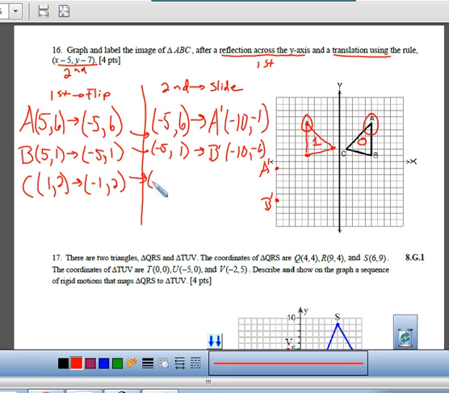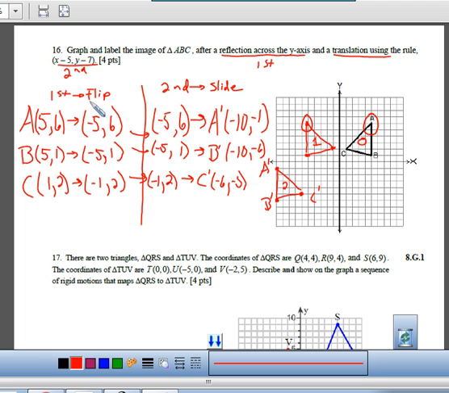And then C prime is going to be, so when I subtract 5 from negative 1, I'm at negative 6. 2 minus 7, negative 5. And that's right there. That's C prime. So this is what yours should look like.